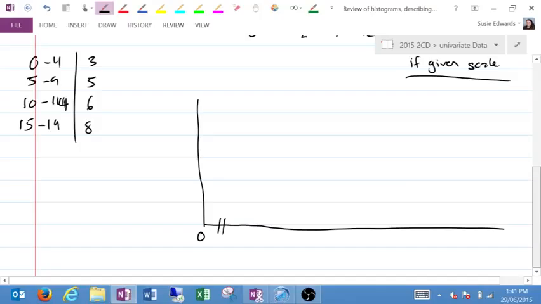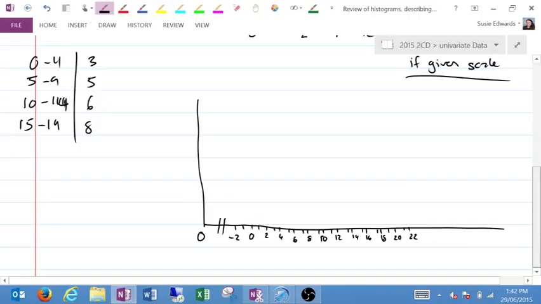Now, I'm not actually going to start it at 0. I'm going to start it at like -2. Okay, so I'm going to go -2. Everyone okay with that? Then go -1, 0. I'm just going to write every 2. 1, 2, 4, 6, 8, 10. I realise it's not perfect, okay? 12, 14, 16, 18, 20, 22.